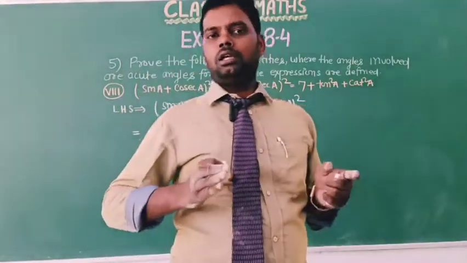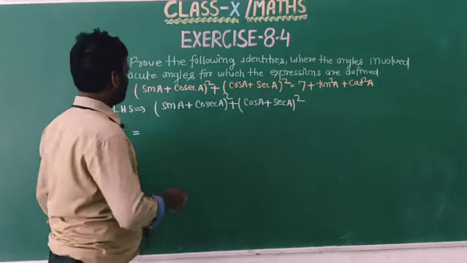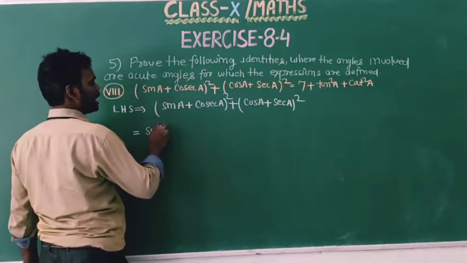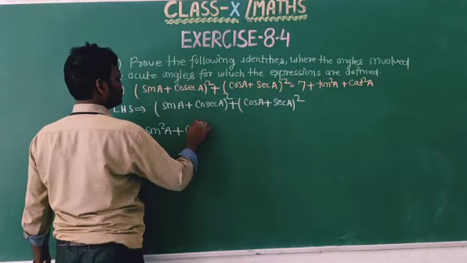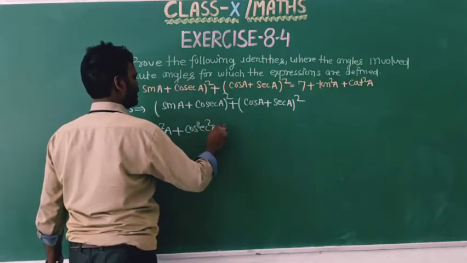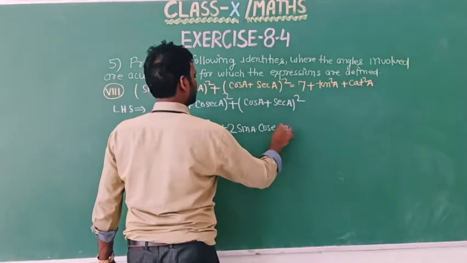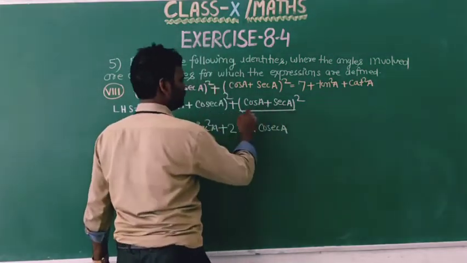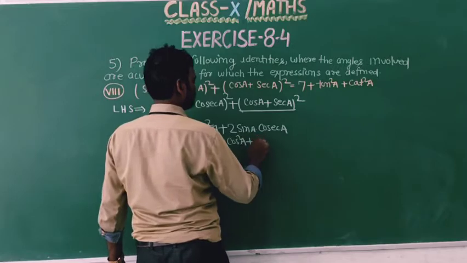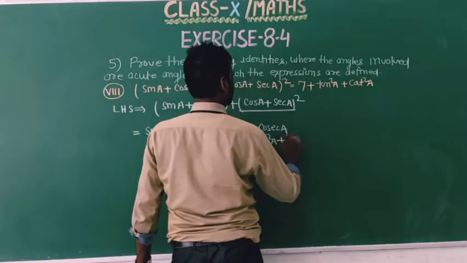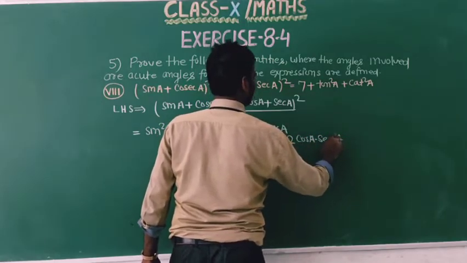Now expanding by using the identity (a plus b) whole square equal to a square plus b square plus 2ab, this is sin square a plus cosec square a plus 2 sin a into cosec a, plus cos square a plus sec square a plus 2 cos a into sec a.